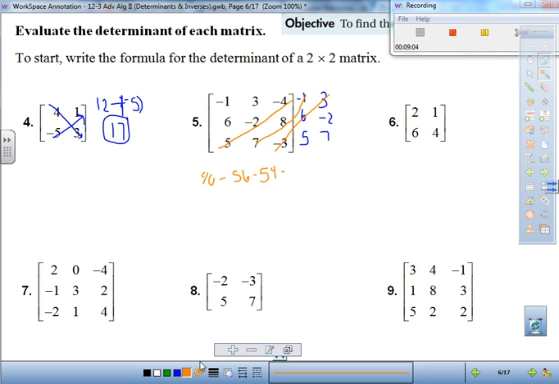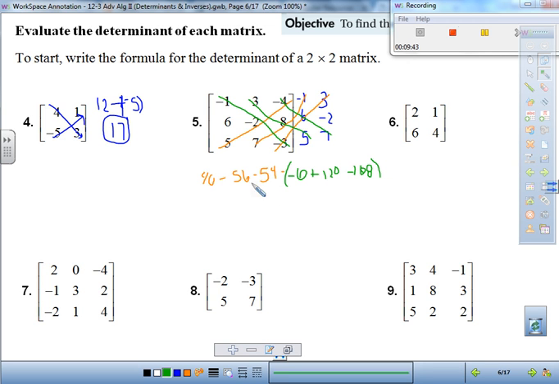Okay, from there we're going to subtract. Going the other way here, we're going to do negative 1 times negative 2 times negative 3. So that gives me a negative 6. Plus, we're going to have 3 times 8 times 5, which is 120. And negative 4 times 6 times 7, which is negative 168.